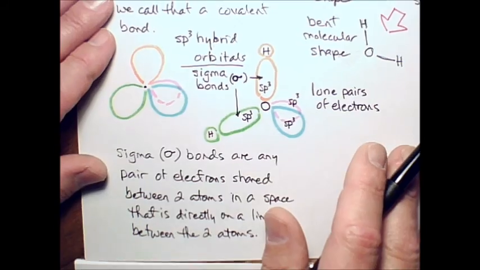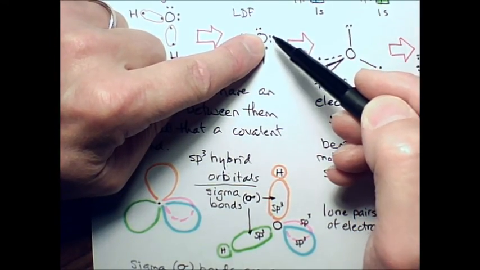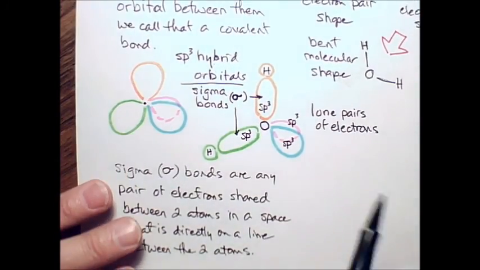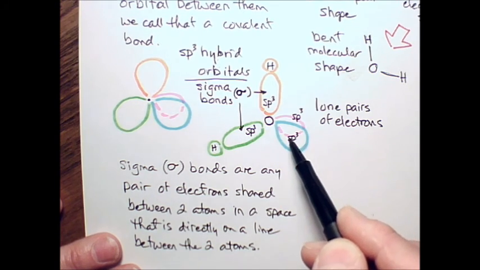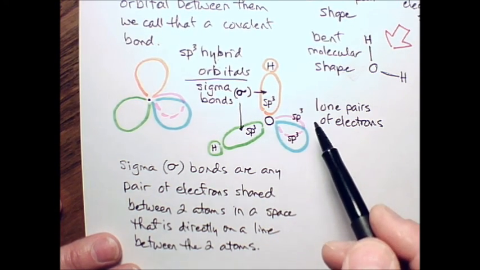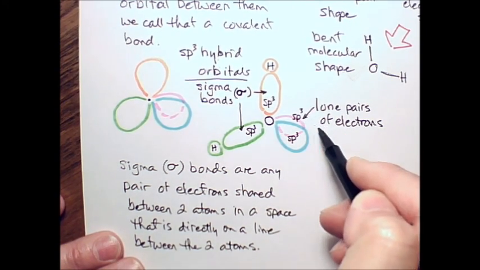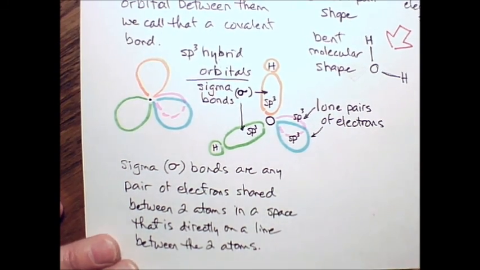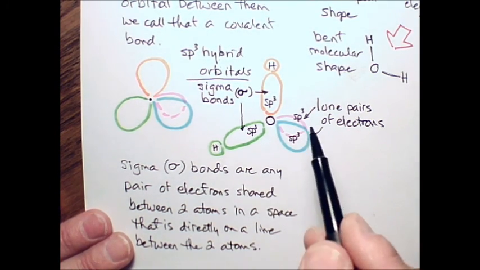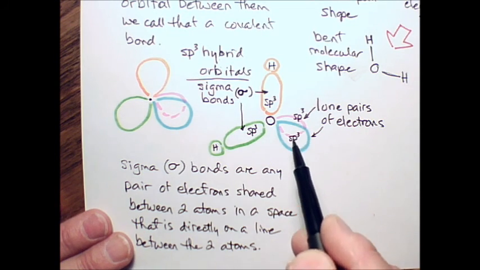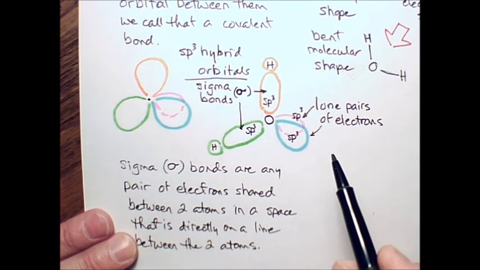The lone pairs of electrons in our Lewis dot formula up here, this lone pair and this lone pair, okay, they're in hybridized orbitals in a roughly balloon-shaped space around that central atom. So this balloon shape here contains the lone pairs on the oxygen in the water molecule. Okay? So when you label your balloons, not only should you label these as being sp3s, but you should also have on your model that that's where the lone pairs are located.